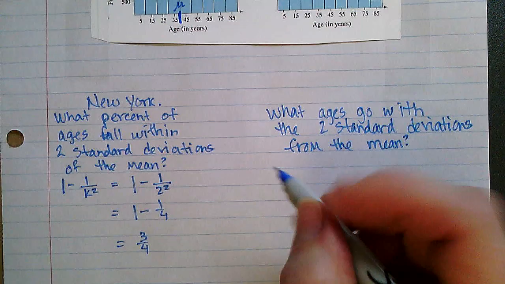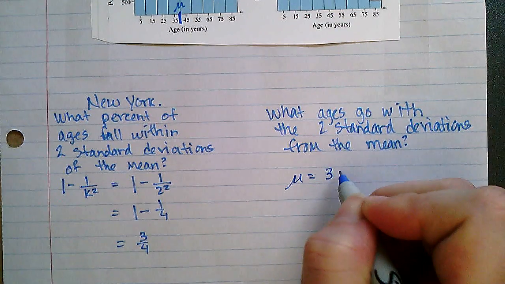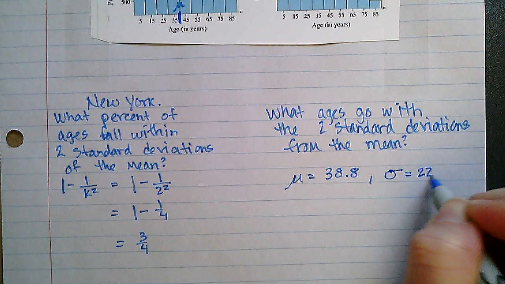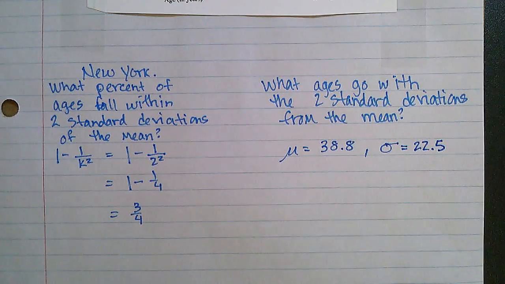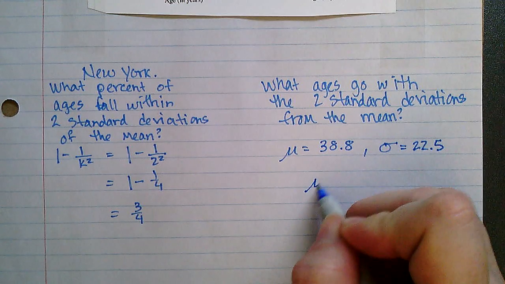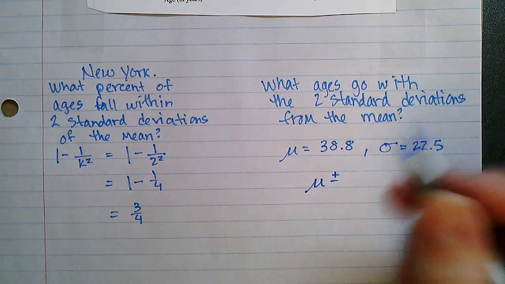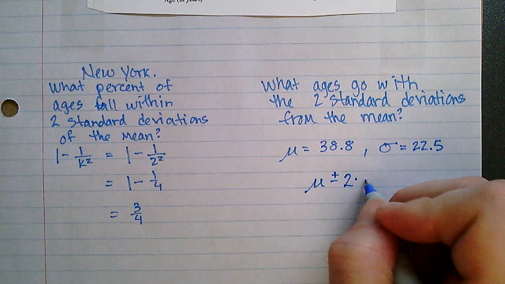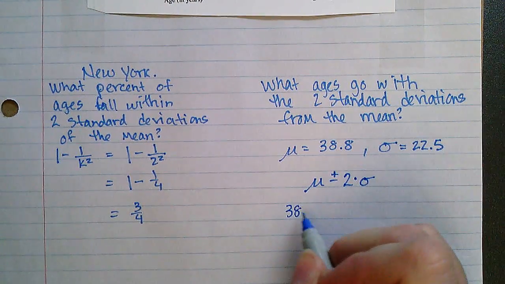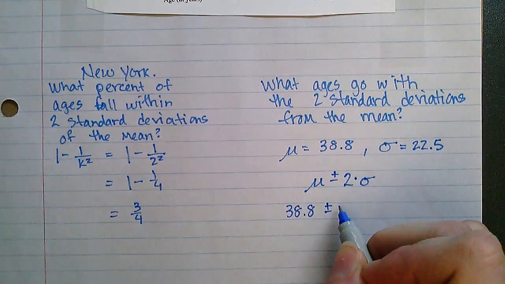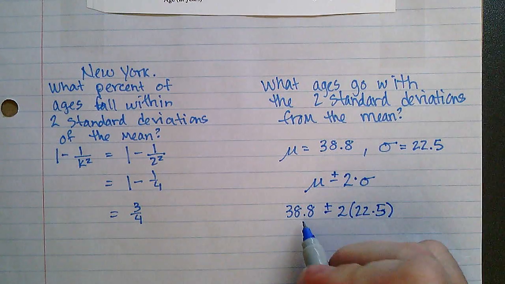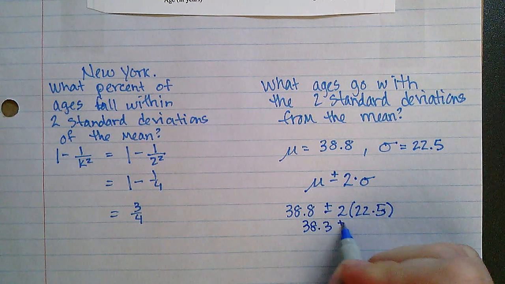So since our mean is 38.8 and our standard deviation is 22.5, then to go 2 standard deviations above and below, we take the mean plus and minus 2 times the standard deviation. So 38.8 plus or minus 2 times 22.5, so 38.8 plus or minus 45.